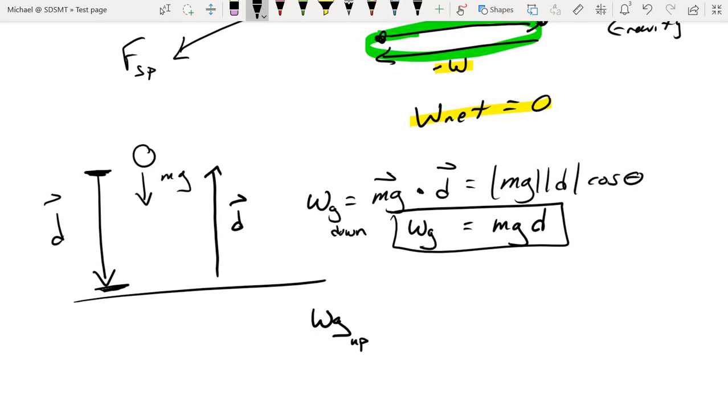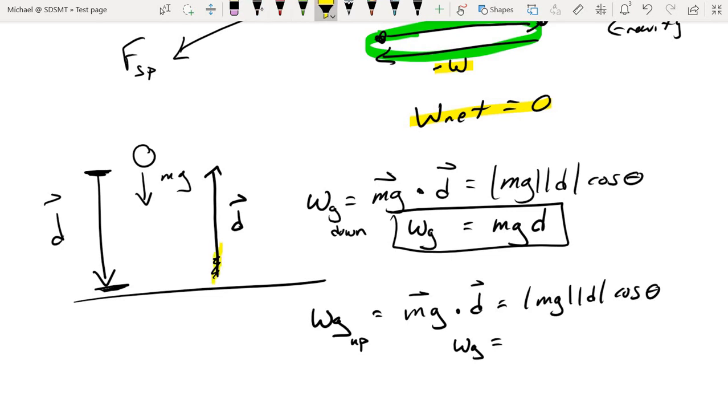Up here, this was the amount of work done by gravity as the ball was falling down. So now I need to figure out how much work is gravity going to do when we pick the ball back up. And most people look at this expression and they're like, well, it's exactly the same thing, except there's one very critical change, and that is that when we pick the ball up, we are displacing the ball up, but gravity is still pointing down.